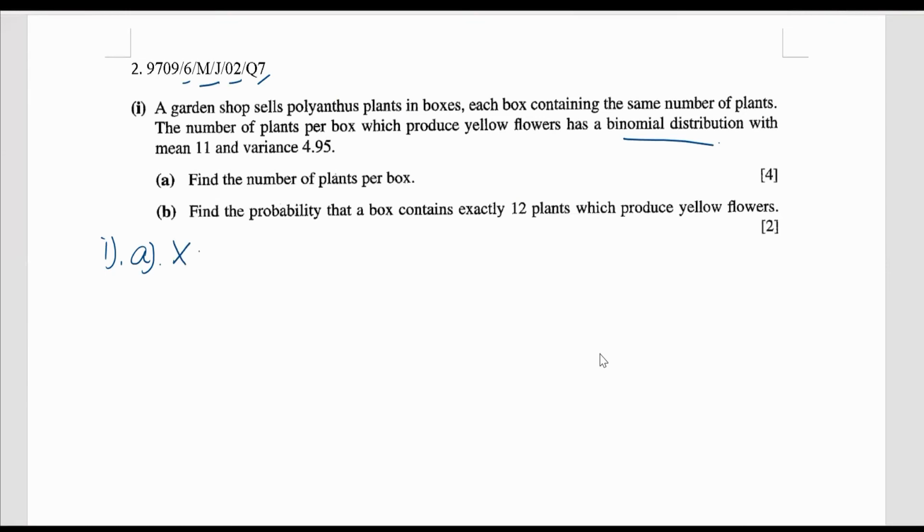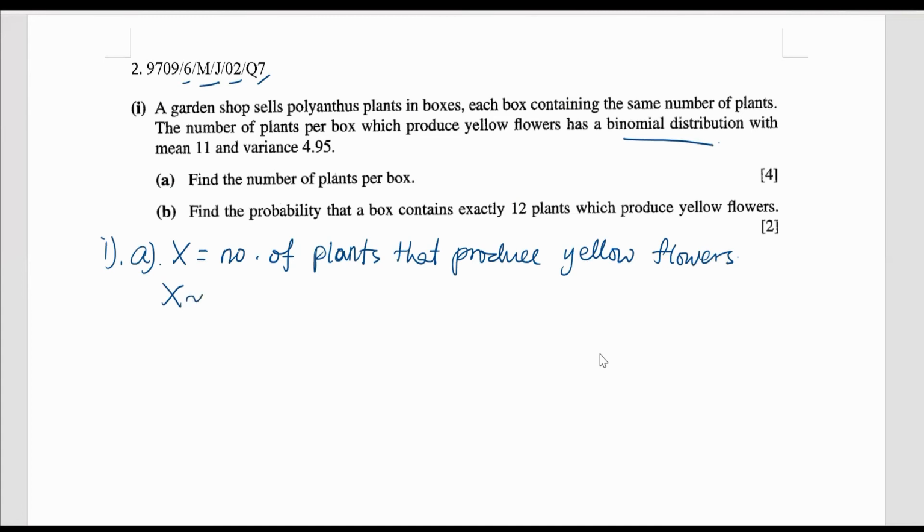So what is the binomial distribution? The number of plants that produce yellow flowers follows a binomial distribution with n and p. Both n and p are not known, but you are given the information that the mean is 11.